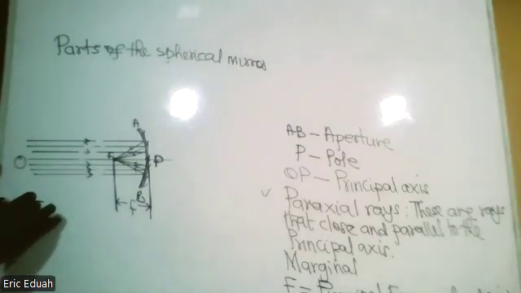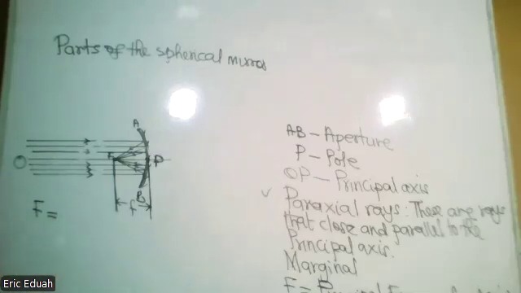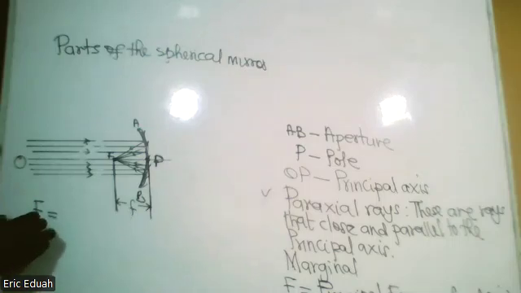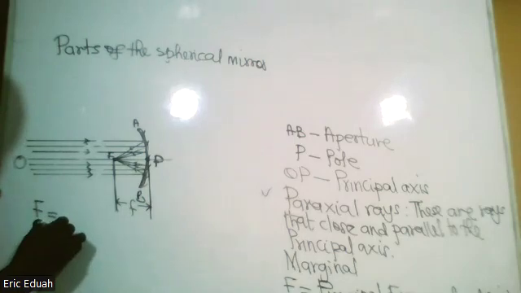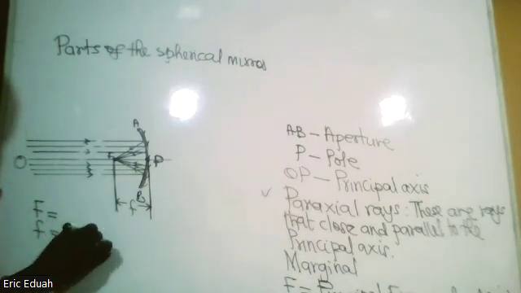Capital F is a point on the principal axis where all paraxial rays converge, represented by capital F. Then small letter f is the distance or the length between the pole of the mirror and the principal focus. So small letter f is known as focal length.